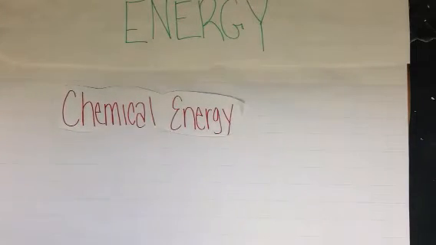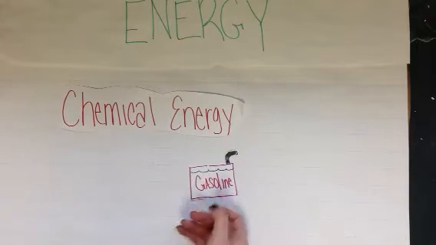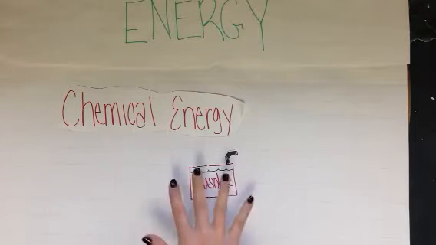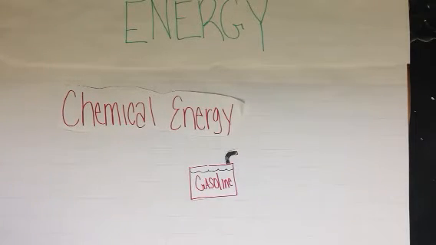Another type of energy that we're going to be talking about involves chemical energy. So for example, a tank full of gasoline has a lot of chemical energy. Chemical energy is stored in the bonds of the chemical that makes up what we're talking about.